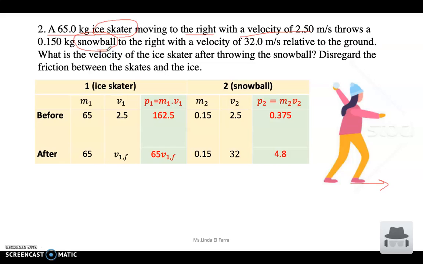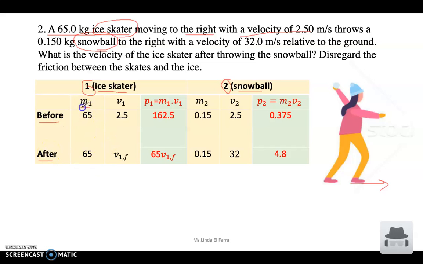Again, in all momentum problems, we need to draw the table. We need to specify our objects. The first object is the ice skater. The second object is the snowball itself. I have to know before and after, before the interaction and after the interaction, or initial and final.